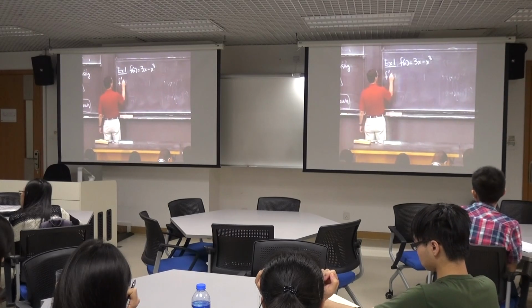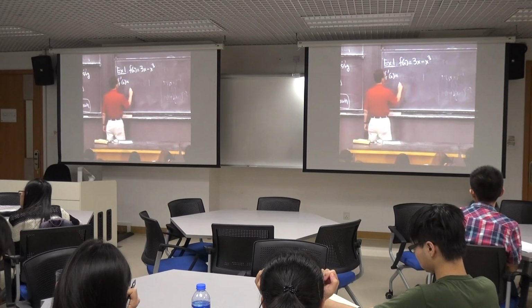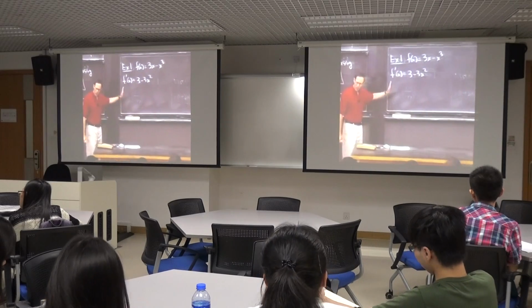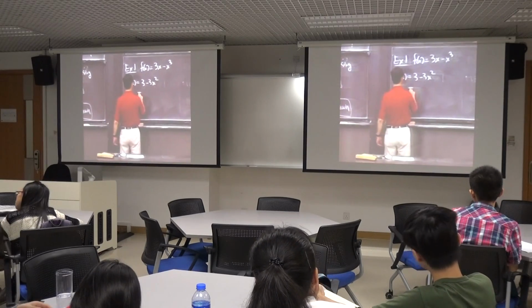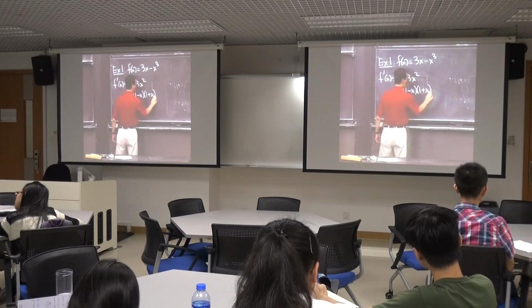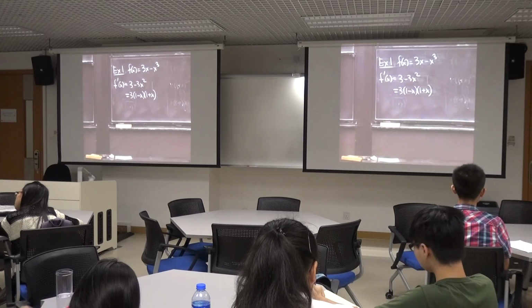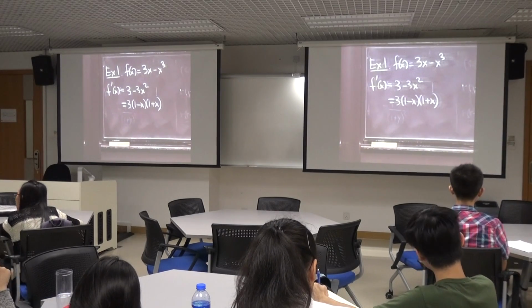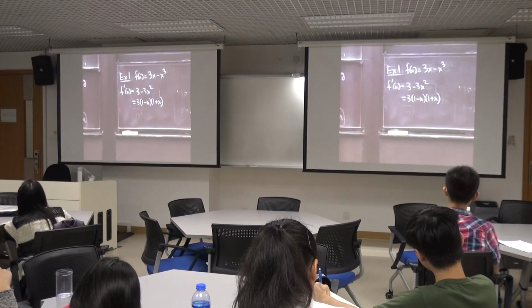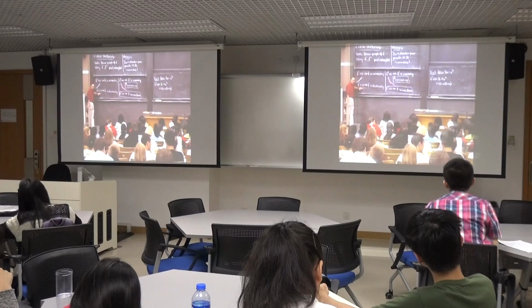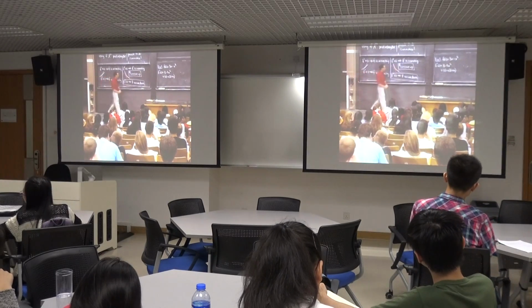Now, if you differentiate it, you get 3 minus 3x squared, and I can factor that. Right? This is 3 times (1 minus x) times (1 plus x). Okay? And so I can decide whether the derivative is positive or negative easily enough.